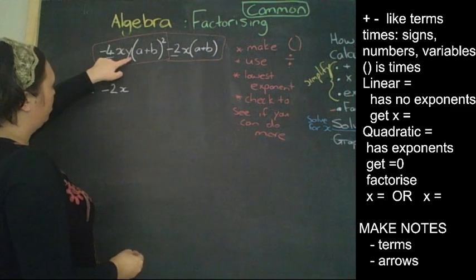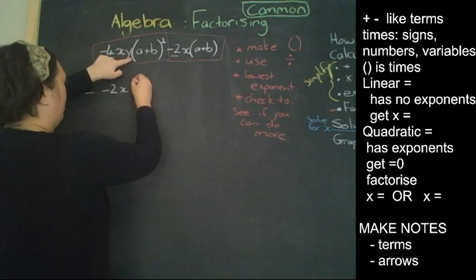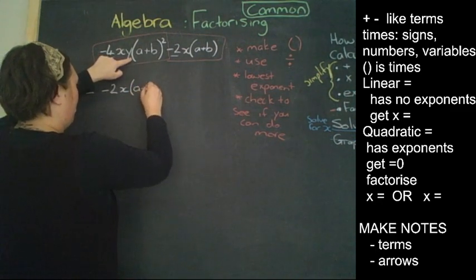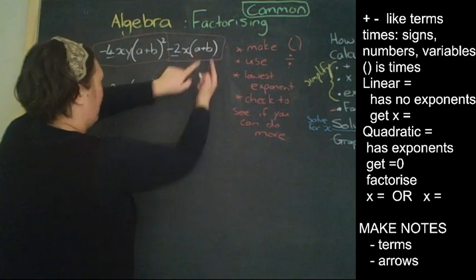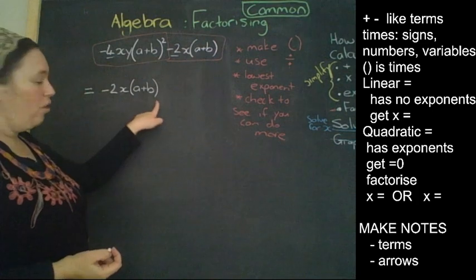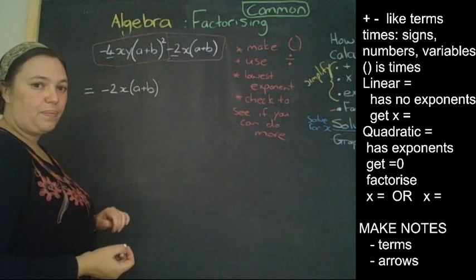Then we also have a bracket. That's the same on both sides. This one has the bracket, that one has the bracket. So this whole thing is our common factor.